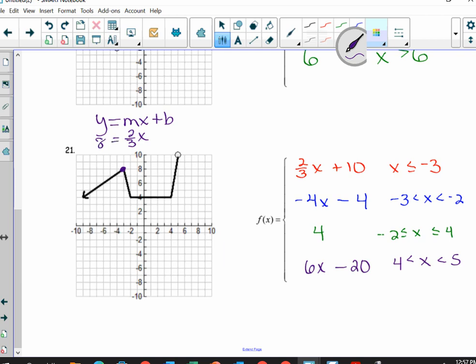So 8 = 2/3 times -3 plus b, and solve for b. This one works out to a nice integer where I can still just count up 2/3. If I extend the line, I get to 10. This one is a much further way to count. Doing that one algebraically might be quicker for you because it's such a steep slope.